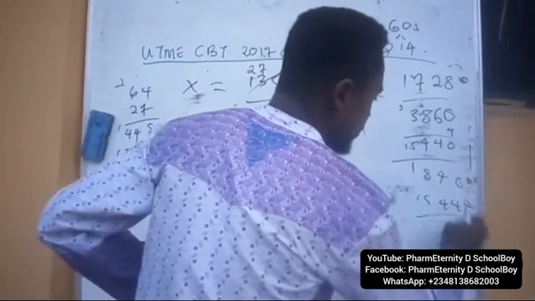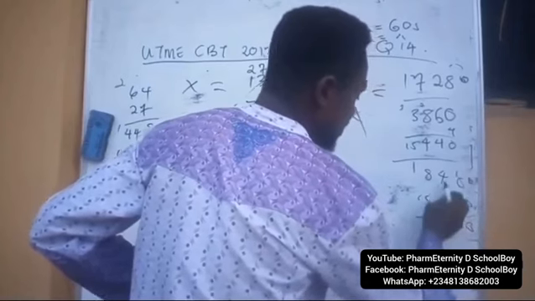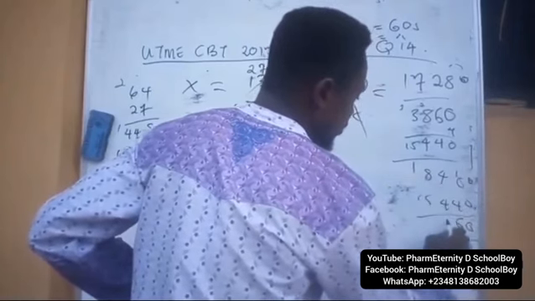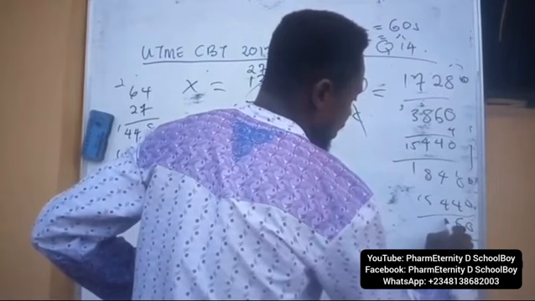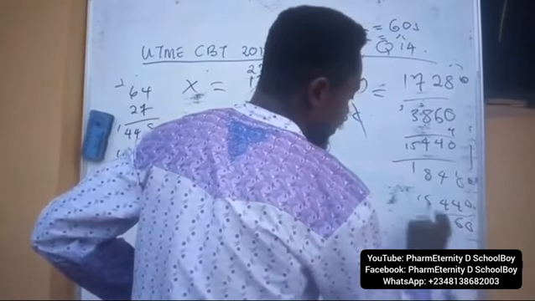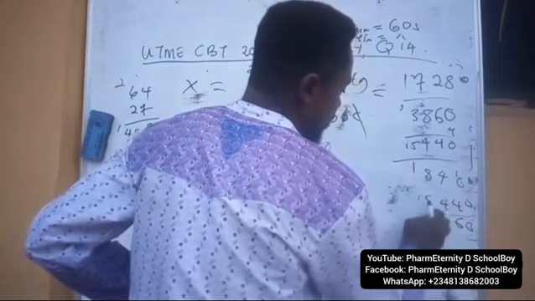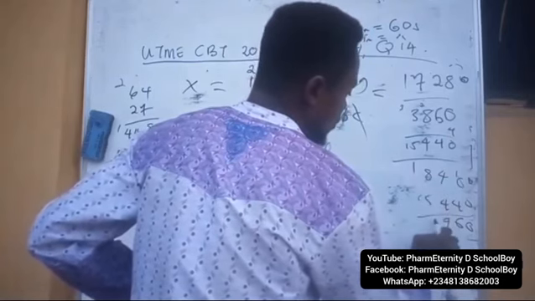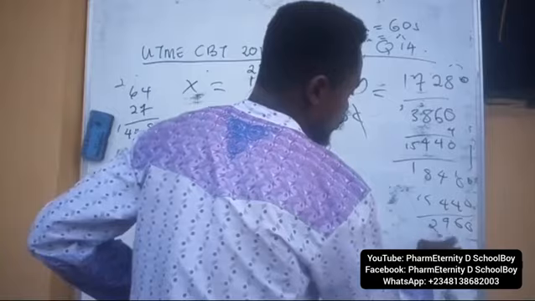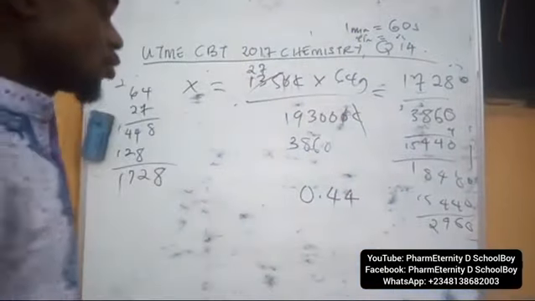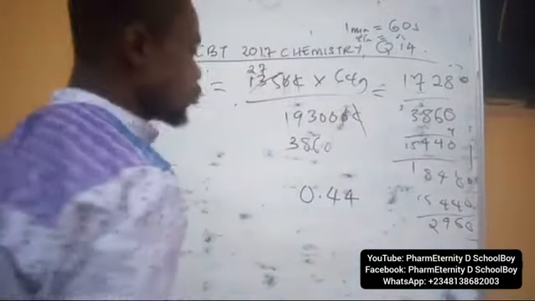We have 0. Carry 1 put here. We have 6. Carry 1 put here. 13 minus 4, we have 9. 6 minus 5, we have 2. So 2, we'll keep dividing.